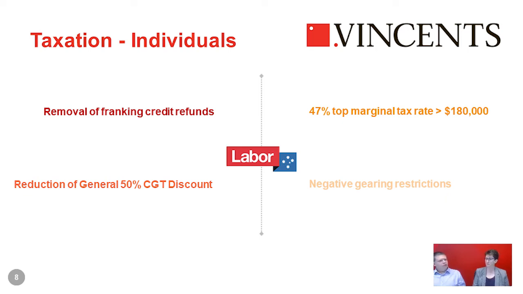I think what's really interesting around this, Kim, is, as you said, both the CGT discount and the negative gearing policies, they really announced best part of 2 years ago. Exactly. And at that time, they were talking about it being a solution for first home buyers to get into the booming Sydney and Melbourne markets.